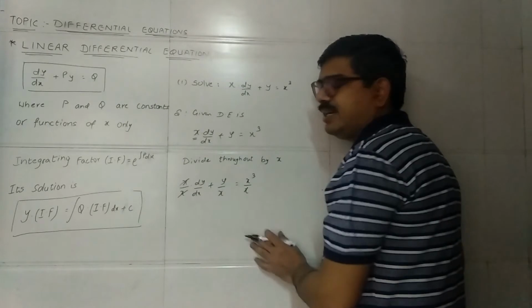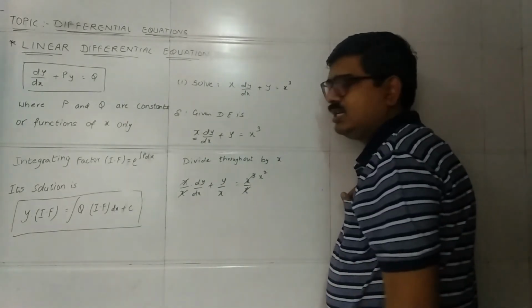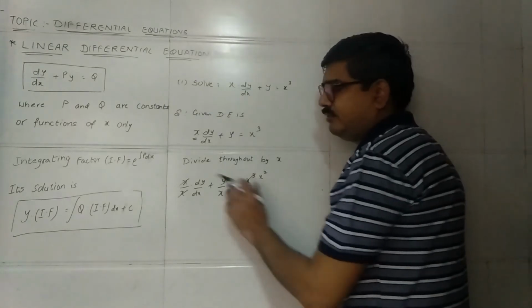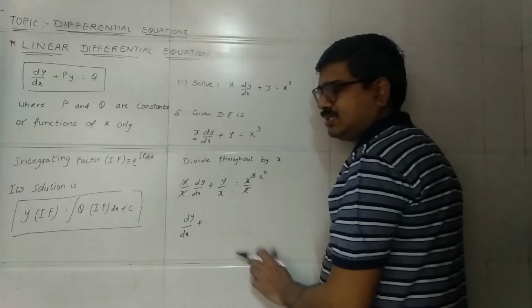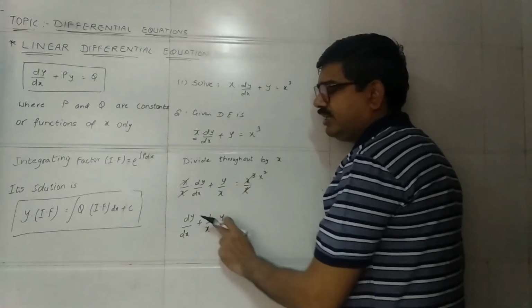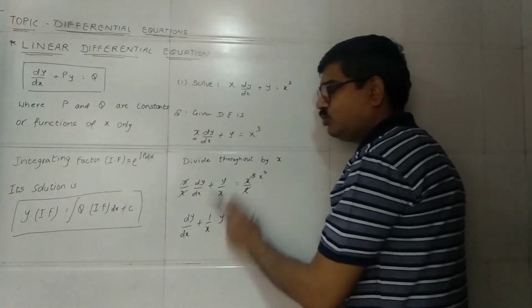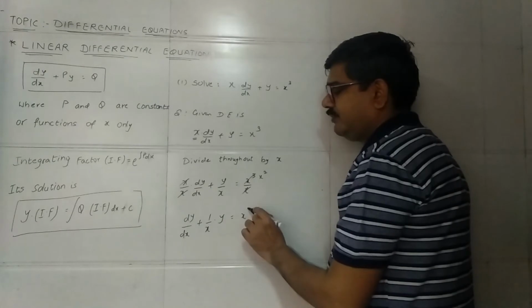So x will get cancelled. Here x cancels x cube, leaving x square. So now after cancelling, what are you getting? dy by dx plus, you can write this in this form, the denominator written separately, 1 upon x into y is equal to, in the RHS, x square is remaining.